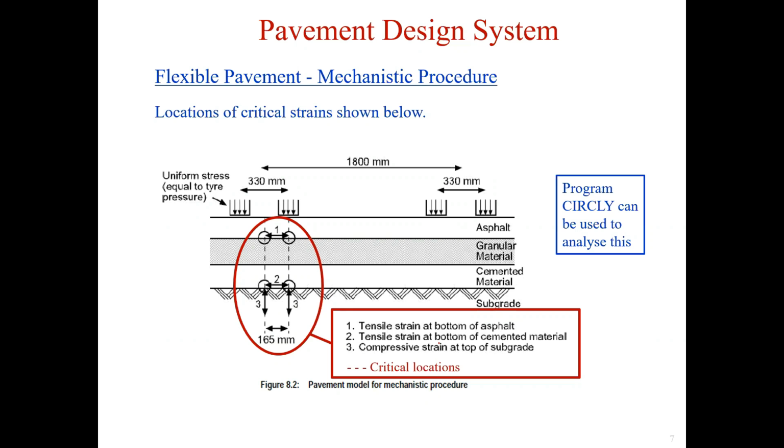In the flexible pavement, the bound materials are made of asphalt and cement, and they have tensile strength. Here we can see that for flexible pavement, there are 3 critical locations: the tensile strain at the bottom of asphalt, the tensile strain at the bottom of cemented materials, and the compressive strain at the top of subgrade.